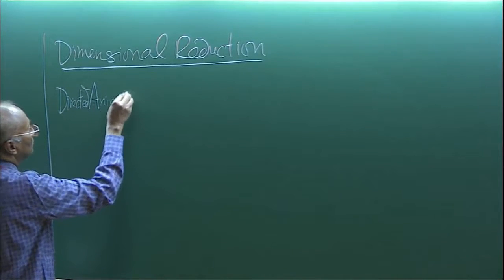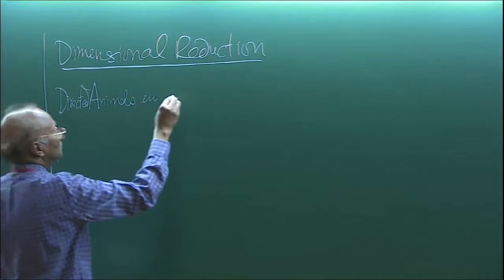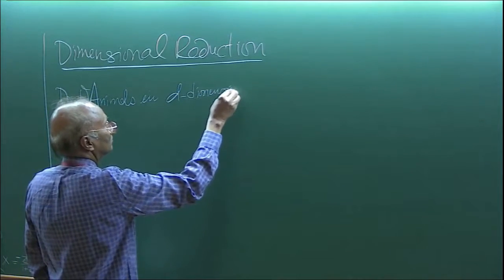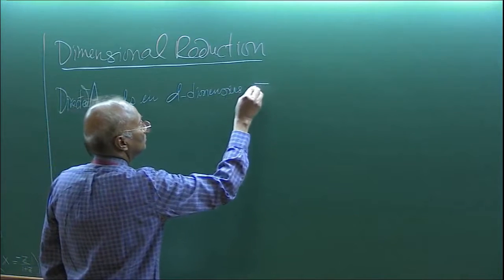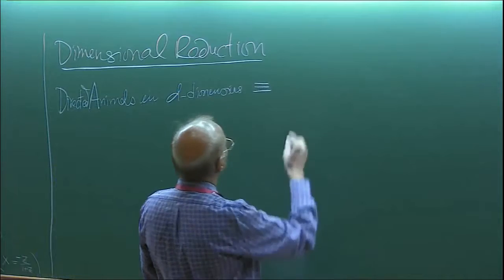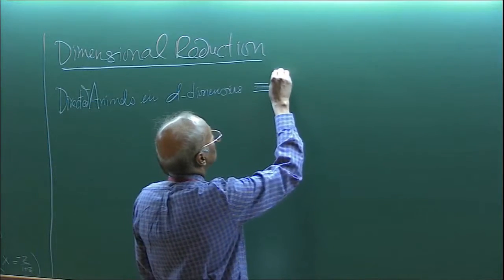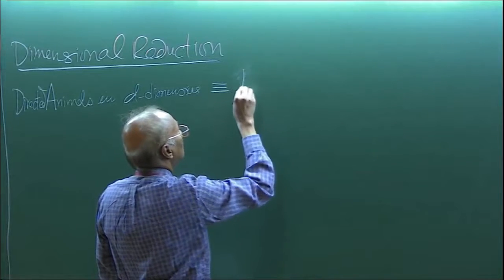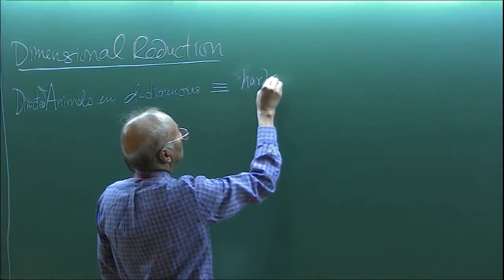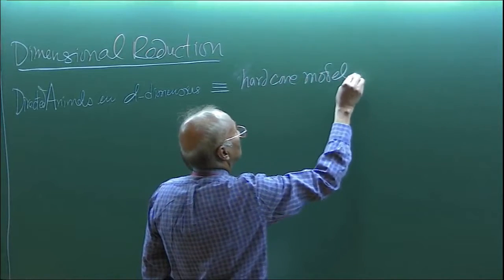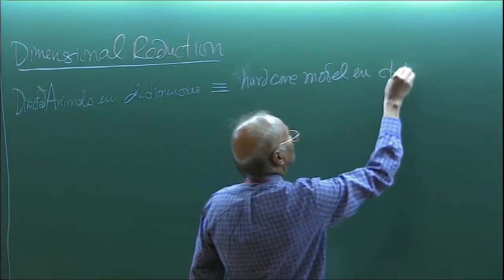Directed animals in D dimensions is equivalent to the Yang-Lee and the hardcore model in D minus 1 dimensions.